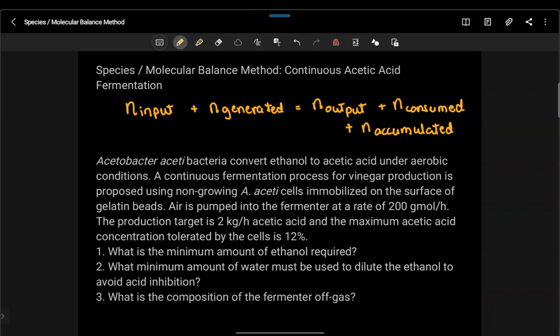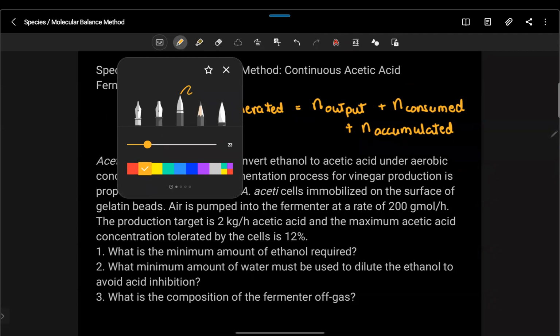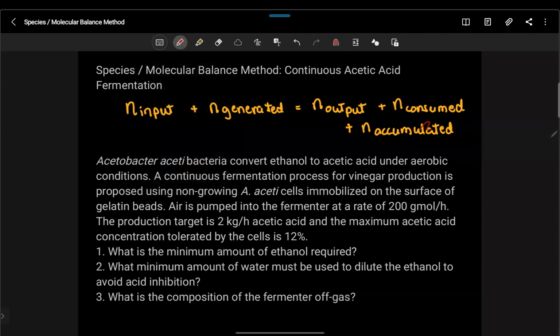So again, if the process is in steady state, we have to let go, okay, of the accumulation term. Okay, so magiging zero si accumulation for steady state. Going back to my statement kanina, kapag non-reactive or physical lang yung process, usually input equals output lamang tayo.